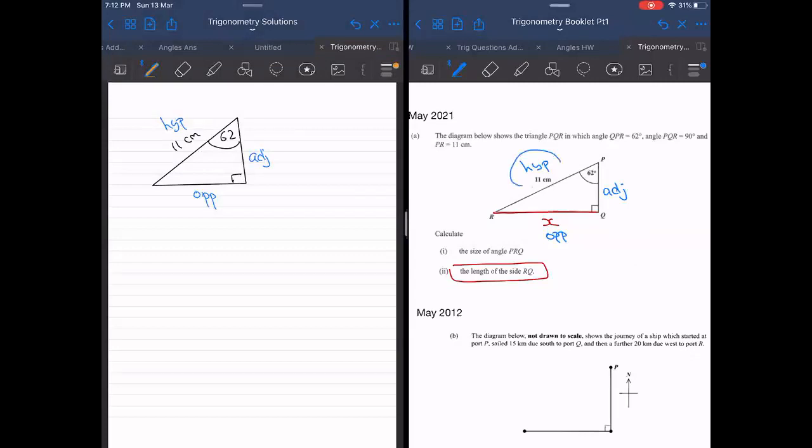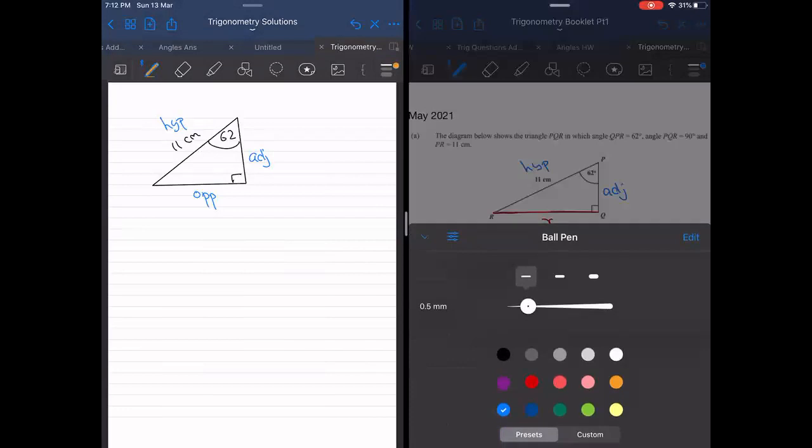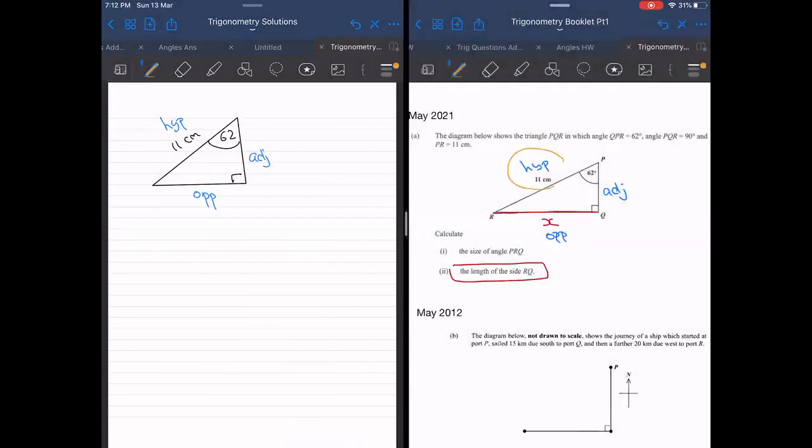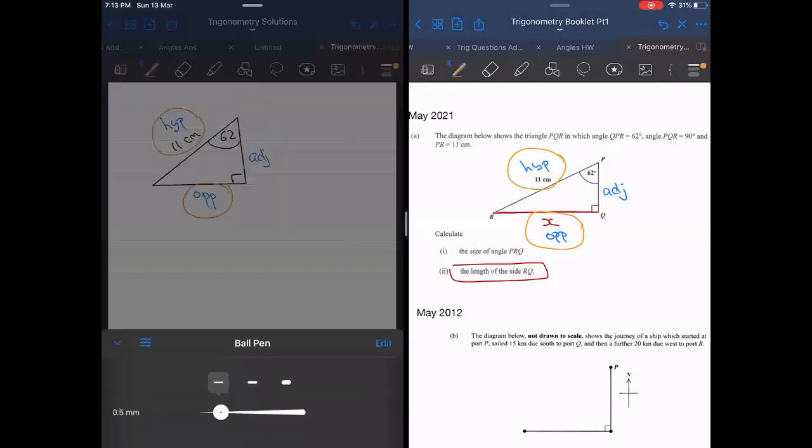I would want to choose the hypotenuse since I know it, and they've asked me about RQ. So those are the two sides I'm going to focus on. I don't know anything about the adjacent, so that's not helping me. So we're going with hypotenuse and opposite.